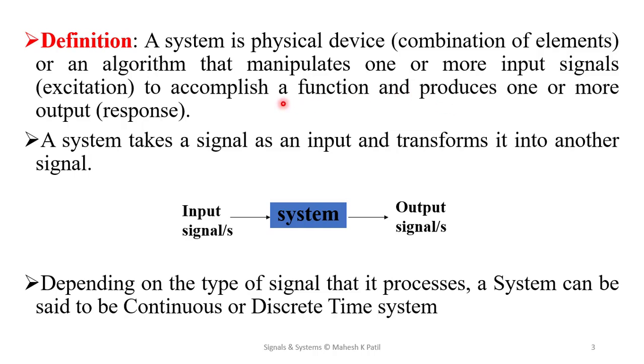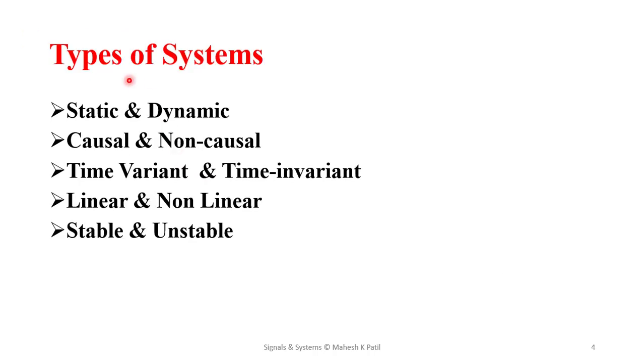So this is the basic definition of a system. A system takes a signal as an input and transforms it into another signal. You can observe here that inputs are applied to this system and we get the output signal. Depending on the type of signal, systems can be classified as continuous-time systems or discrete-time systems. These are the basic types of systems.